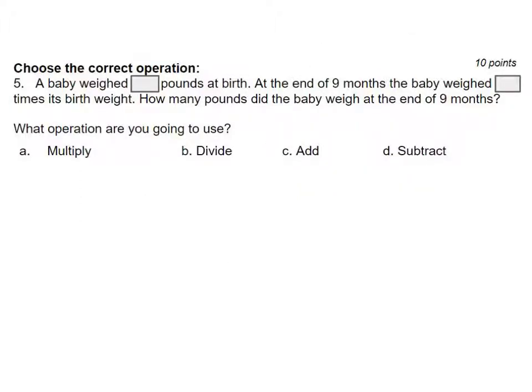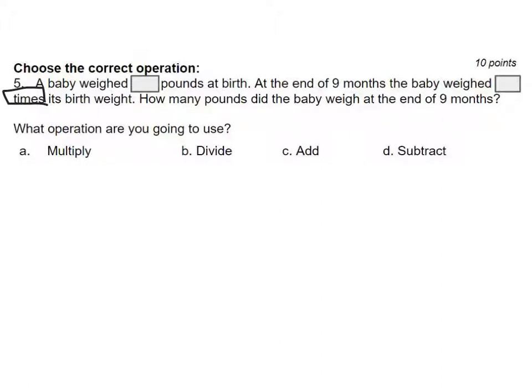Okay, so for number 5, it says choose the correct operation. So I need to know if it's multiplication, division, addition, or subtraction. So here it says a baby weighed blank pounds at birth. So that's your starting point. At the end of 9 months, the baby weighed blank times its birth weight. So right here, that word times already tells you something. How many pounds did the baby weigh at the end of 9 months?